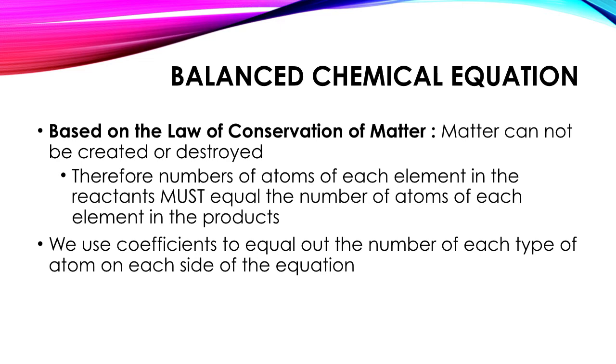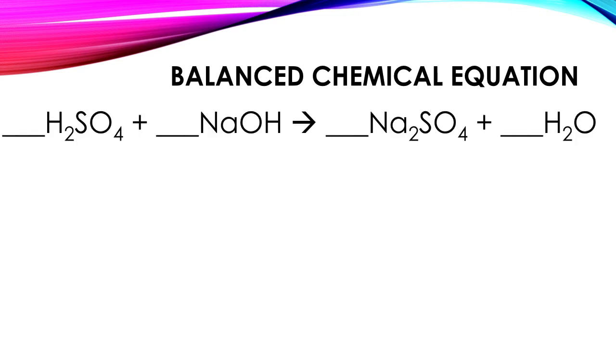Now, in order to get these to balance out, we're going to use coefficients to get them to balance because our subscripts are used to balance our charges, so we can't touch those, but we can use coefficients to balance out these numbers of atoms. And so the method that I use to balance a chemical equation, I call it the scoreboard method.